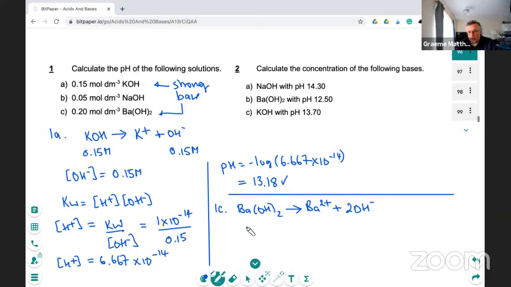And so this is 0.2, and so the 1 to 2 correspondence would make this 0.4. And so therefore, again, take the fast route to get it. H plus is equal to 1 times 10 to the minus 14 over 0.4, which is equal to 14 divided by 0.4. I've got 2.5 to negative 14.